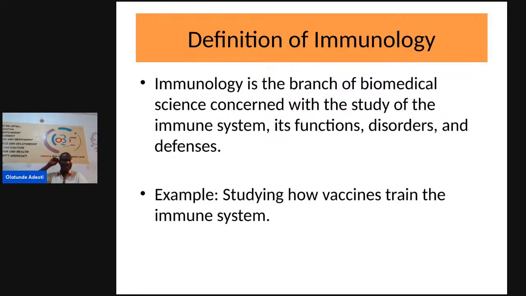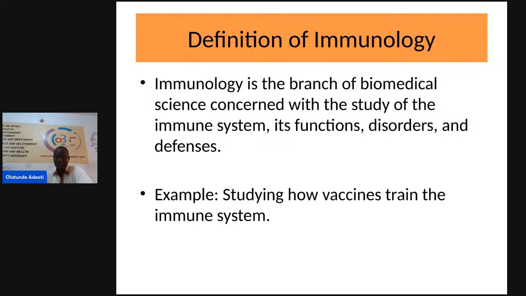Okay, immunology is a branch of biomedical science, that is biology combined with medicine. It is the study of the immune system, how it functions, the disorders, that is disorderliness, and defenses. So if we are talking about immunology, we are going to base it on four key things. Number one, we look at the holistic approach of the immune system.